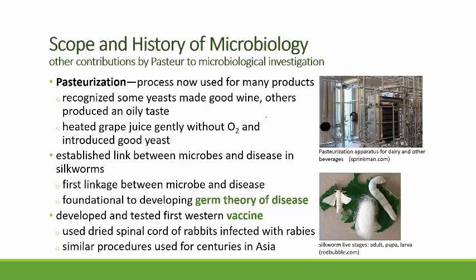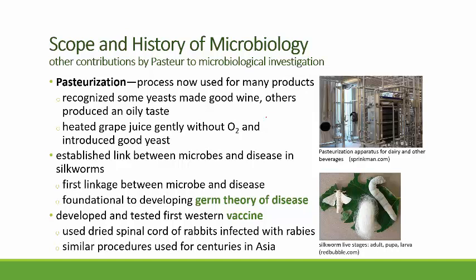And so what he did was to heat the grape juice to a reasonable temperature that could kill microbes, with the lack of oxygen around, and then into this now sterilized, pasteurized product he could introduce a good yeast that would consistently and over time make very, very good wine. So that's pasteurization. We now use it with milk and other products that we need to keep reasonably sterile.